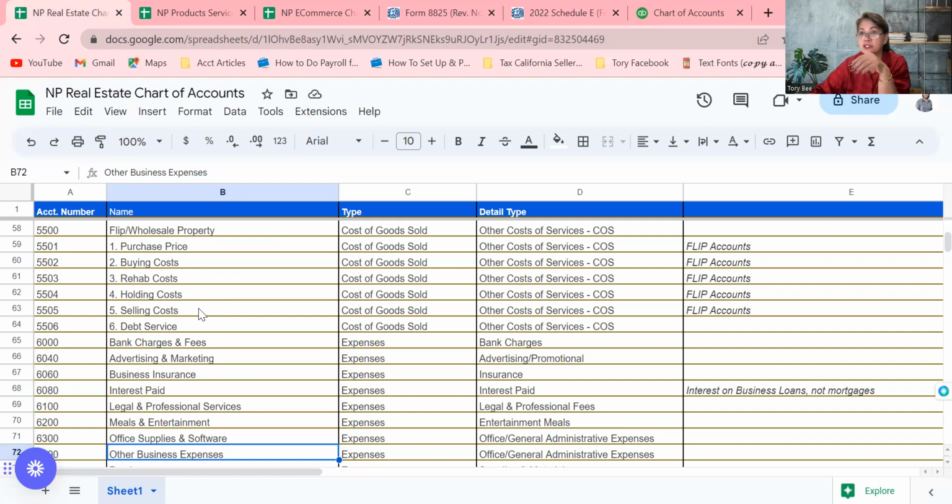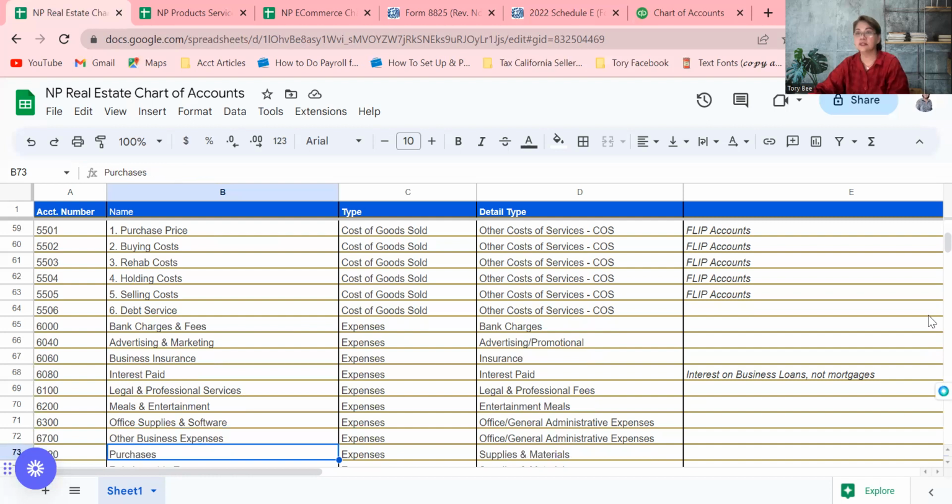The selling costs are the commissions we pay to agents, moving out cost, closing, improvements. Debt service is the money required to cover the interest and principal of a loan or any other debt.